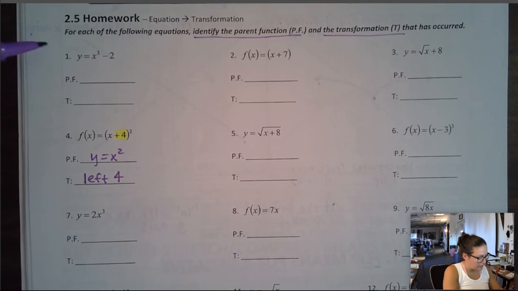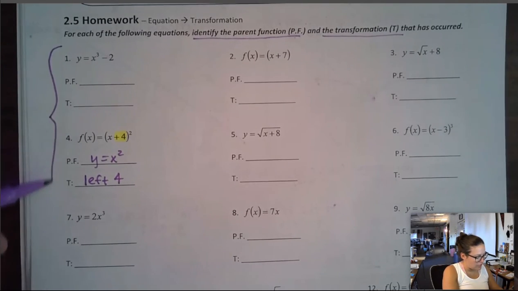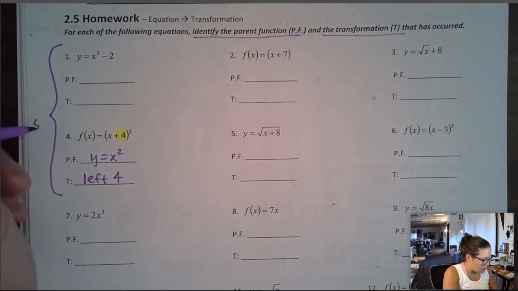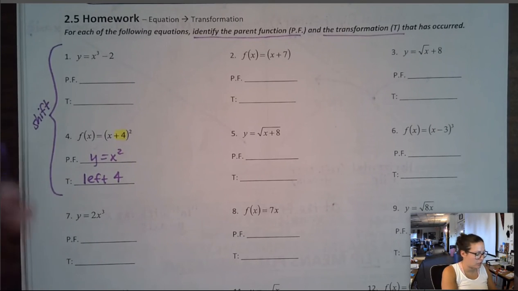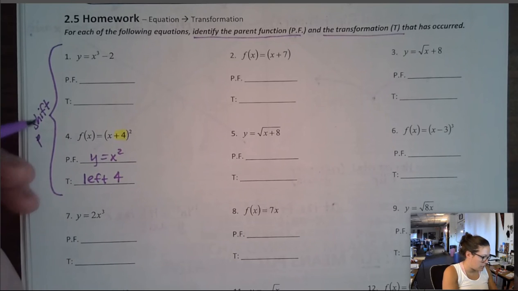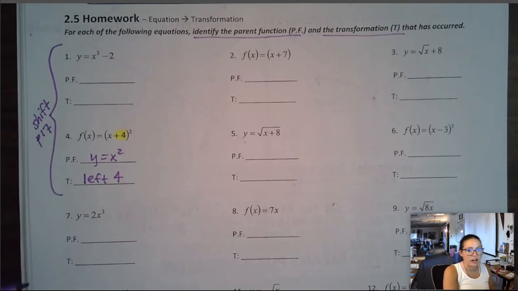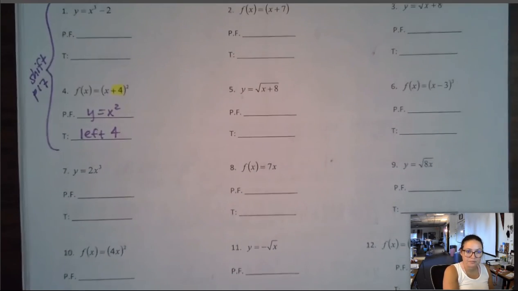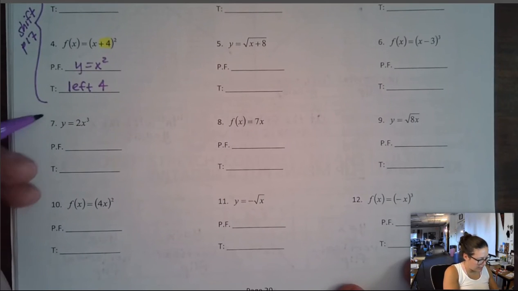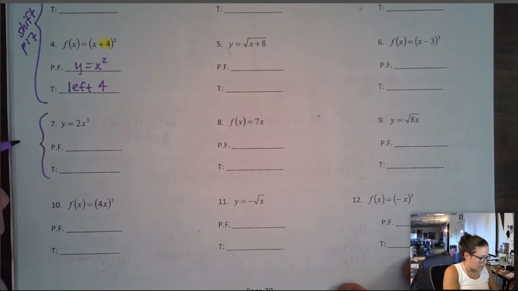Now, I'm going to give you a hint, okay? 1 through 6 are all some sort of shift. Okay, so if you have to go back and look at page 17 to help you out, go do that. 1 through 6 are some sort of shift. 7 through 9 is going to be a stretch or a compression.